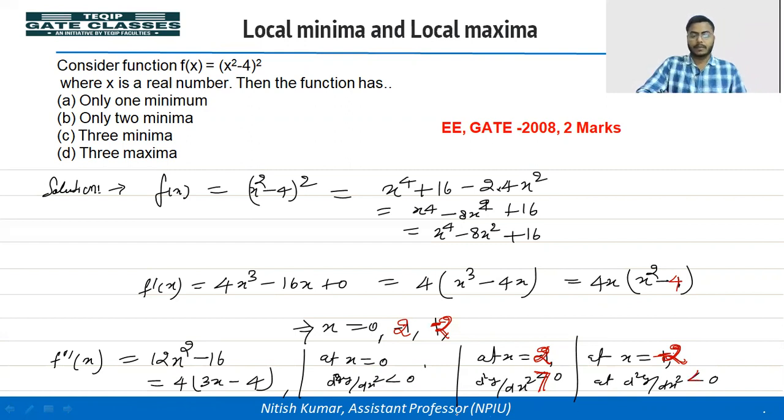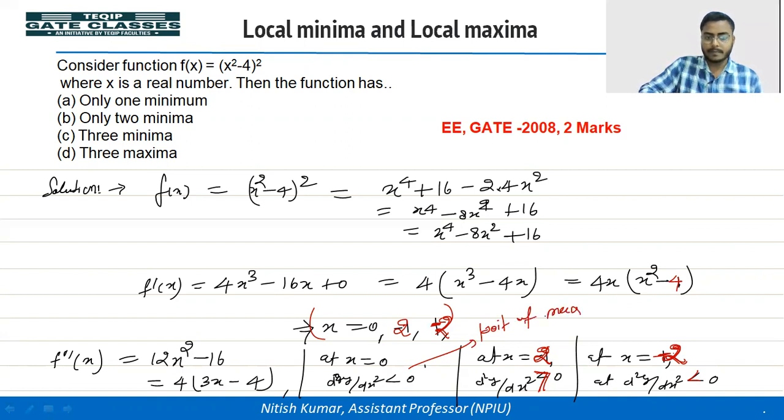Right. So you can see here, this is the point where it is less than 0, a point of maxima. And here where x = 2, you can get greater than 0.